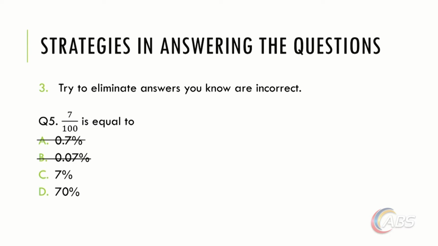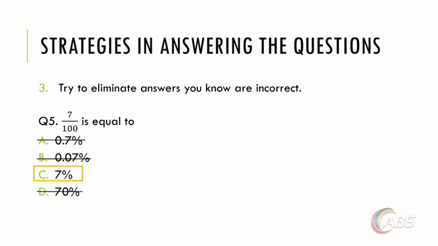Another option can actually be eliminated, because if we have 7 out of 100, can it possibly be 70%? 70% is way too big. So we can take that out. And look at that. The answer is right there, clear. 7%.